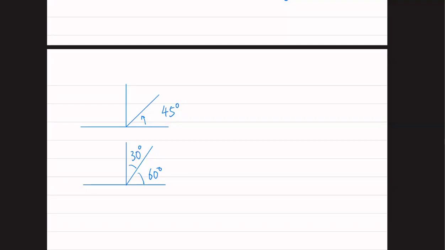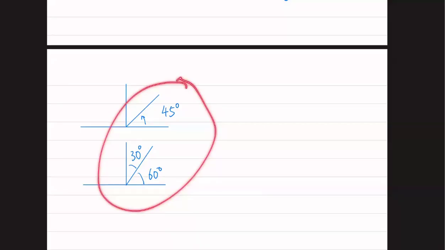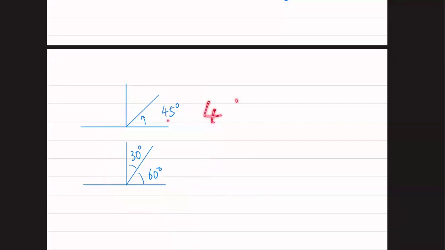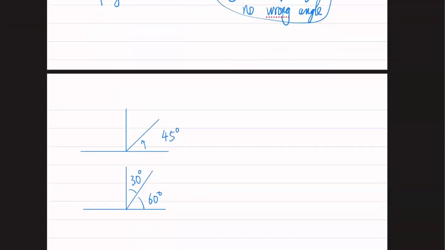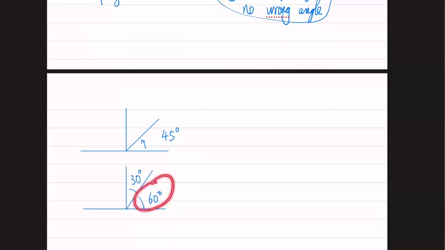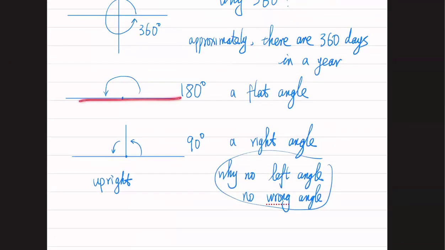So why are these angles special? Why don't we consider 46? Why not 50? Because they're related to 360. It's because this is half of the right angle, and this is one third of the flat angle.